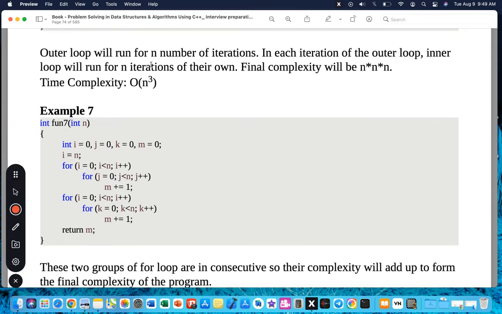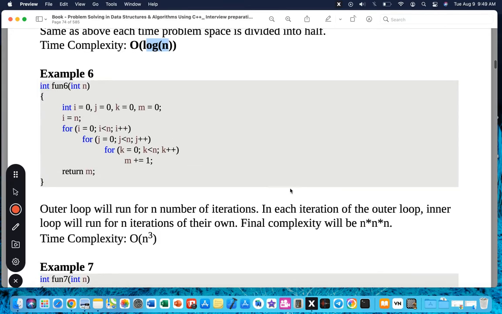The outer loop will run for n number of iterations. In each iteration of the outer loop, the inner loop will run for n iterations on its own. Finally, complexity will be n times n times n. And this is n cube, like this one here. Okay.